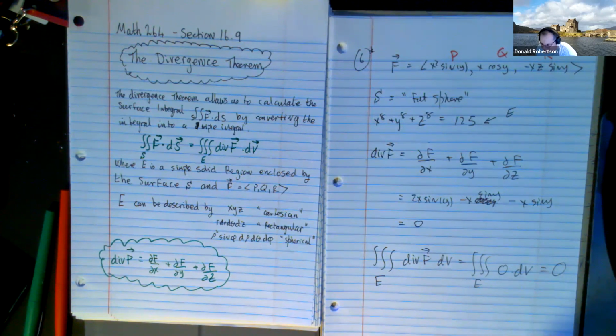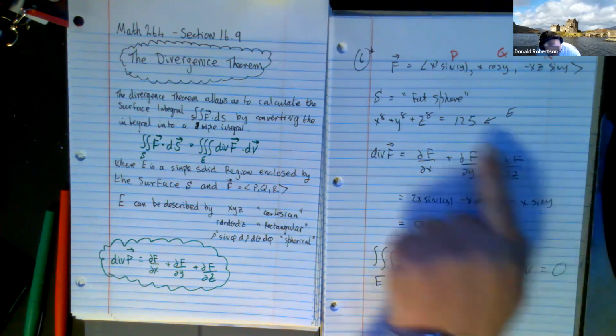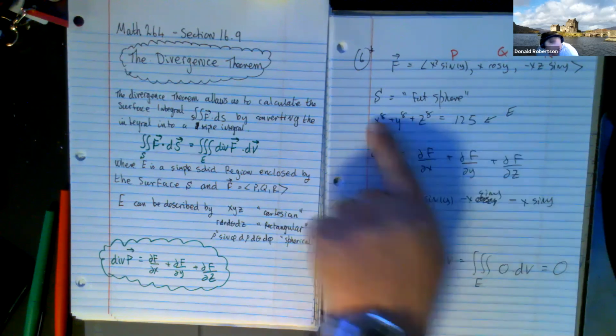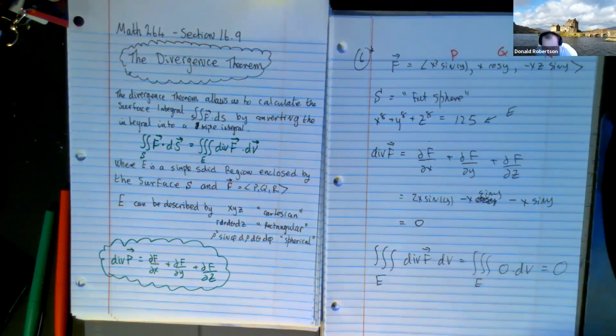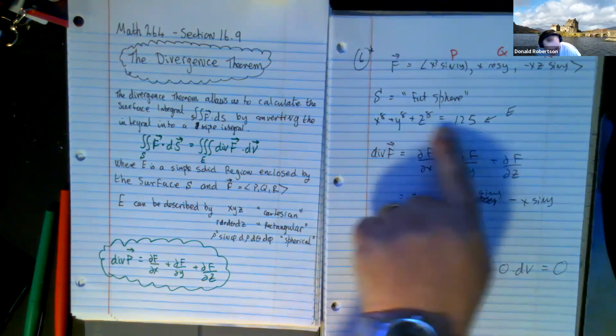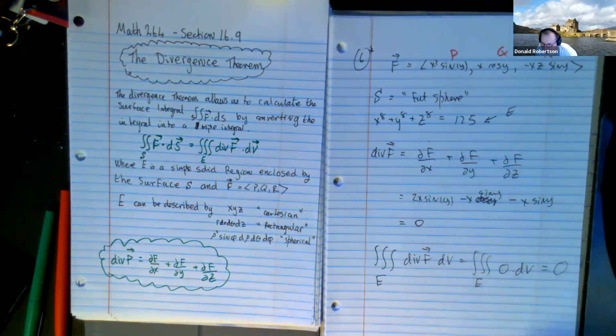So if you find a 0 guy, can't you just, boom, finished? Because trying to describe that fat sphere could be a big problem. And it wouldn't work in spherical. Spherical only works with x squared plus y squared plus z squared. So if you were thinking maybe that's something like r to the 4 equals 125, it's not.